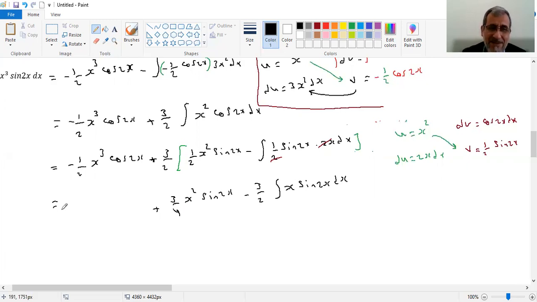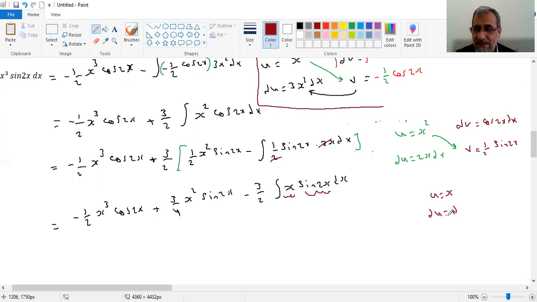The first one is the same: negative half x cubed cosine 2x. Then for the integral of x sine 2x, again we use u dv. So u equals x, so the derivative du is 1 dx.